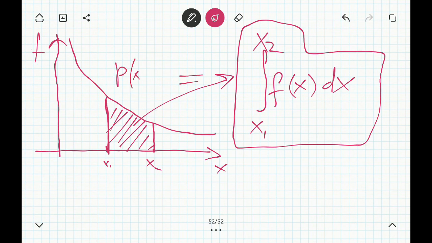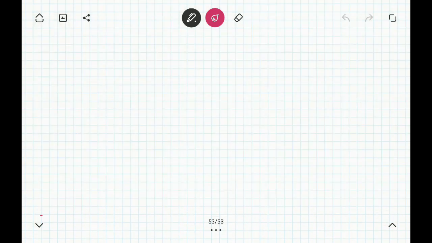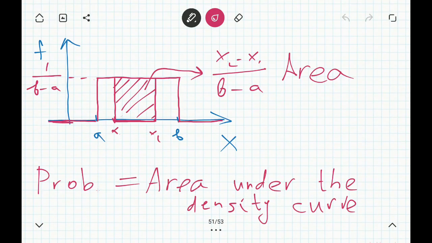And don't be afraid of that, because for uniform distribution, that integral will just turn to this, because your density is constant and you are just finding the area of a rectangle.